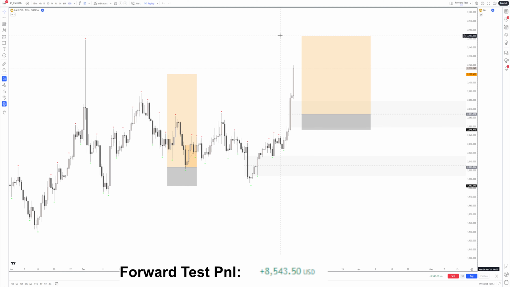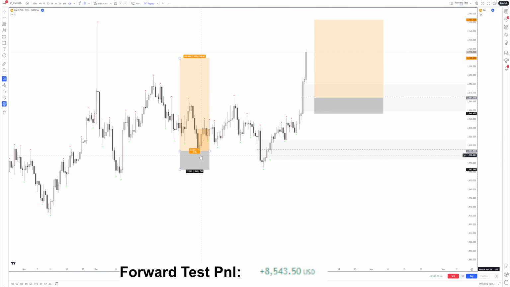Okay, we've hit TP, so we are up 8.5k, and you can see that we entered off this fair value gap from the 17th of Jan 24, and TP got hit, almost stopping us out, and TP got hit at March 24.